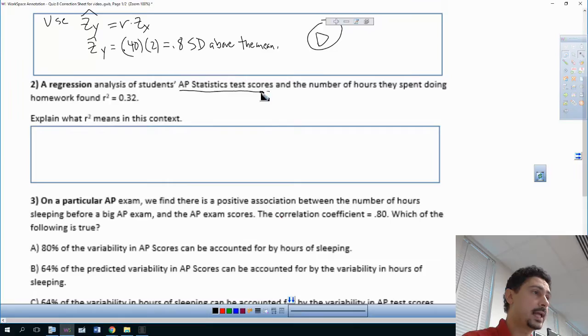So AP test scores is the X, and number of hours they spent doing the work is the Y. I know your gut tells you maybe we should switch it. Number of hours they spent doing homework should come first, and AP test scores should come second. Okay, fine. It depends which way you want to identify it, as long as you told me which way you identified the information.